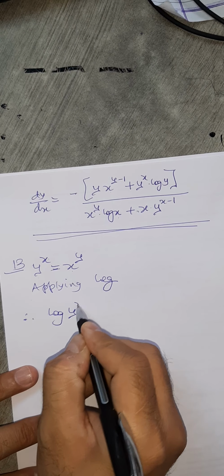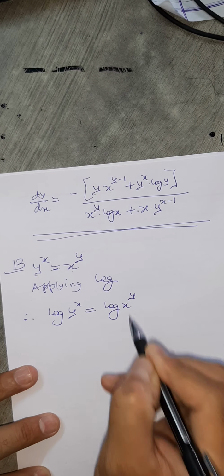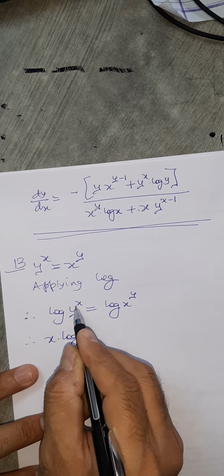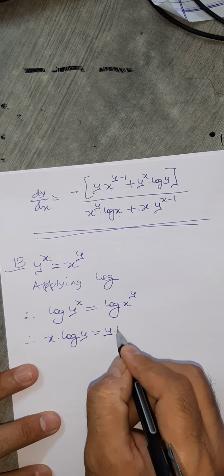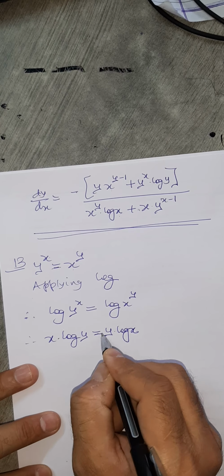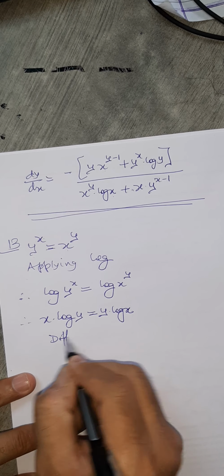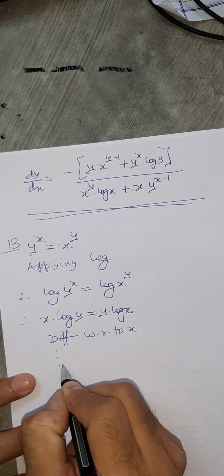Log of y raised to x equals to log of x raised to y. So x into log y, this will be in the product, equals to y into log x. Now this is an implicit function, so you differentiate it with respect to x and get the dy by dx. So that you can do now.